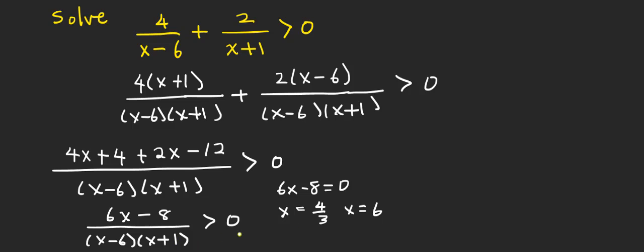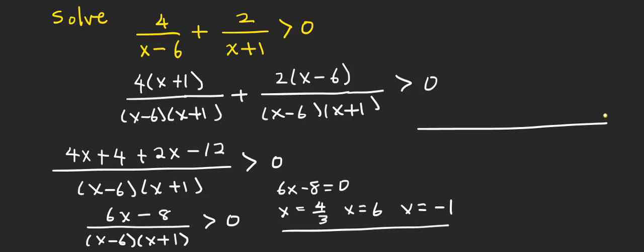And x plus 1 equals 0, you get x equals negative 1. We need these three values to use our sign chart to find the solution. So let's put them in order: negative 1, 4 over 3, and 6.